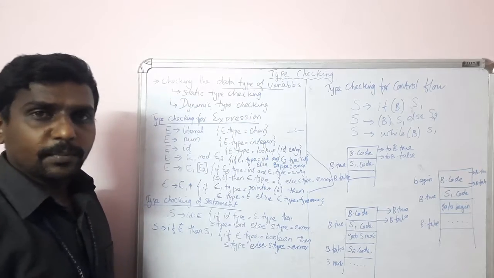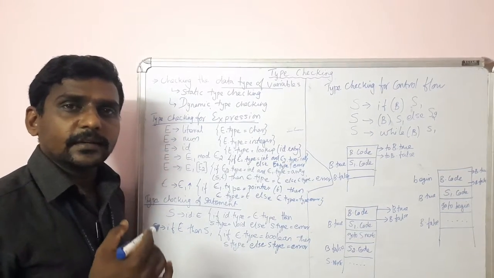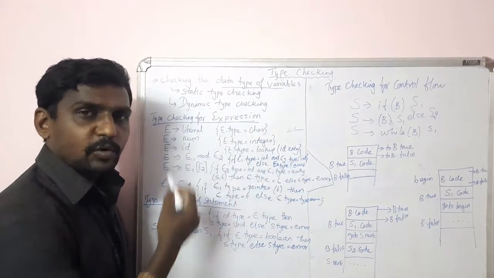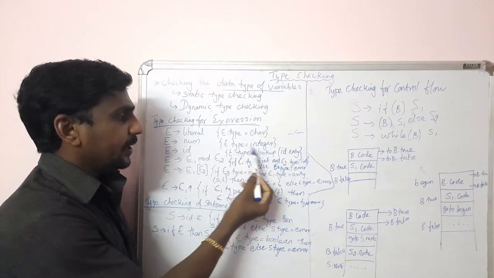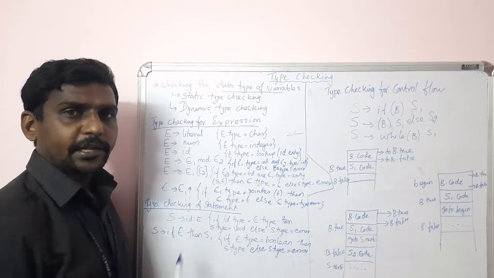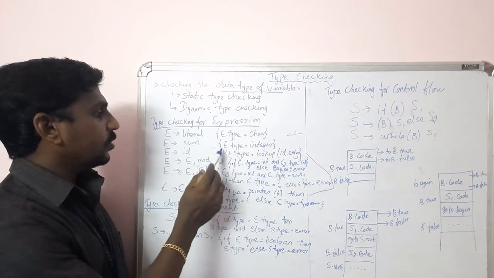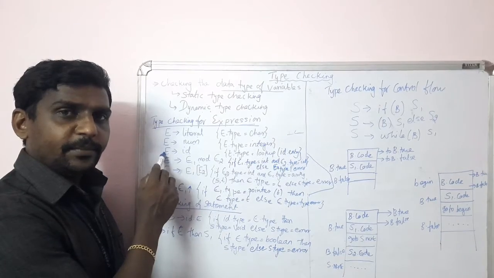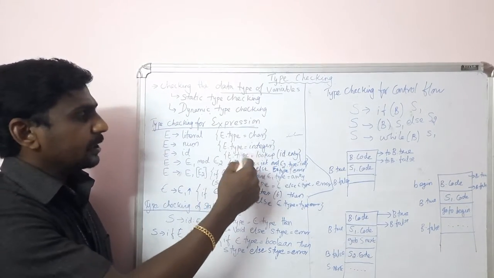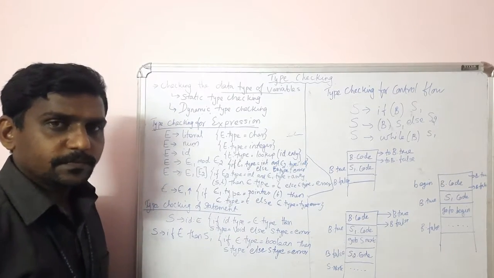Next, E tends to number. The semantic rule for this is E dot type equal to integer. If you use this semantic rule, then the compiler will check the integer data type. Whatever value you give to the variable E, that E should be integer, based on the semantic rule.